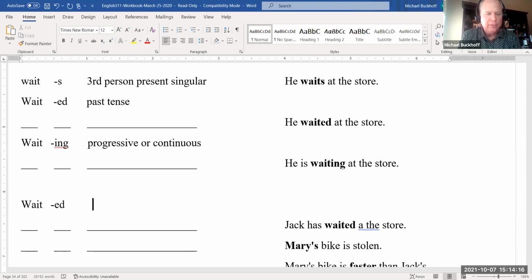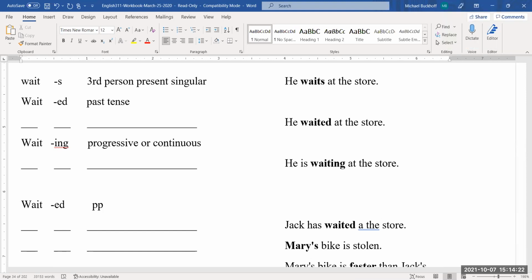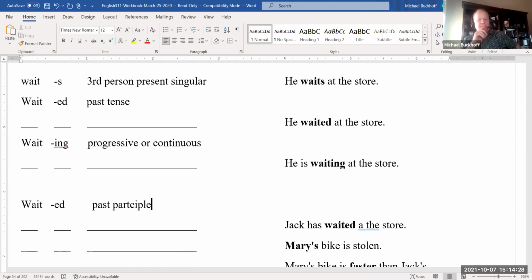If I said this, does this give you a clue? The past participle. Good. Yes, right there. Okay, so let's keep going.